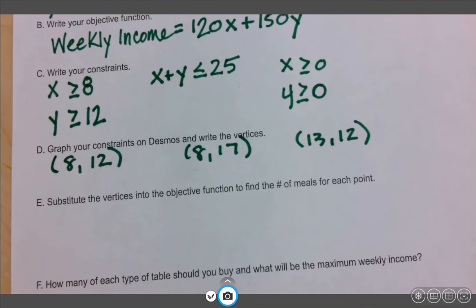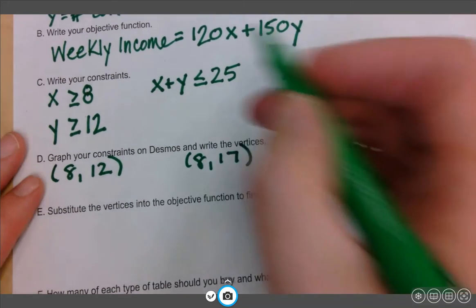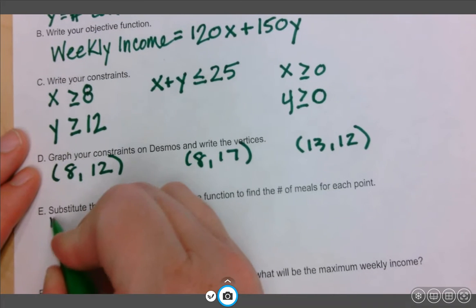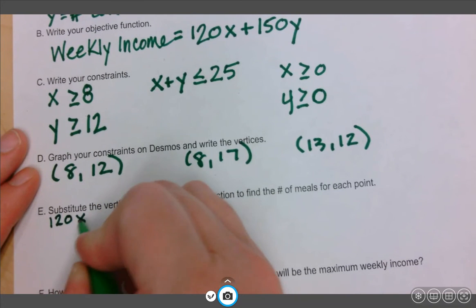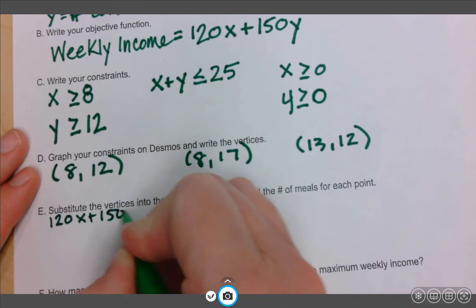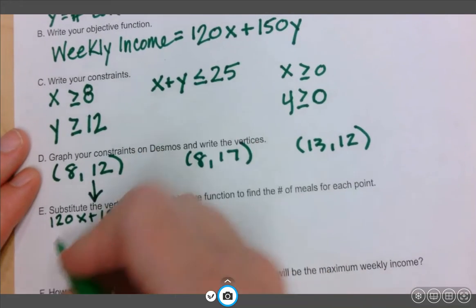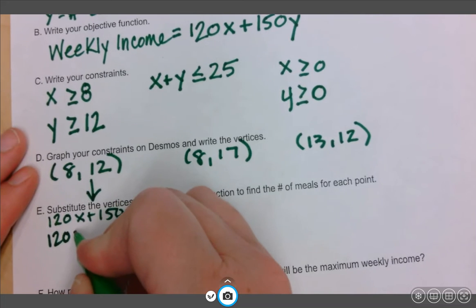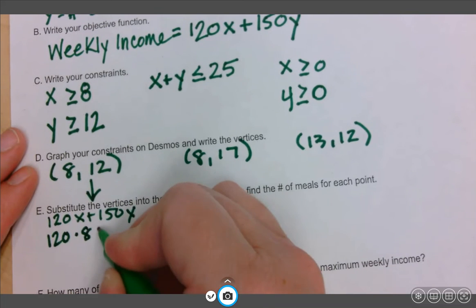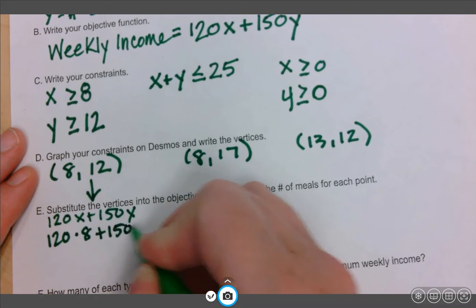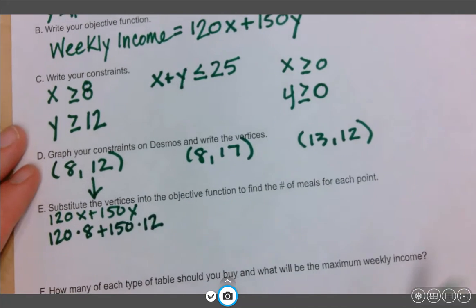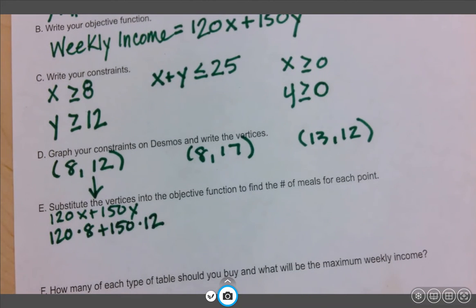All right, substitute the vertices into the objective function to find the income for each point. So here is our objective function. I'm going to write it, 120x plus 150y. And then I'm going to substitute the point for x and y. 120 times 8 plus 150 times 12. And that's actually math I can't do in my head, so I'm going back to Desmos.